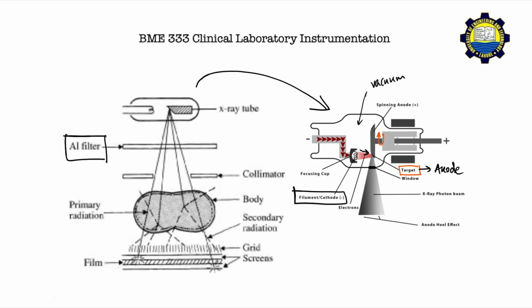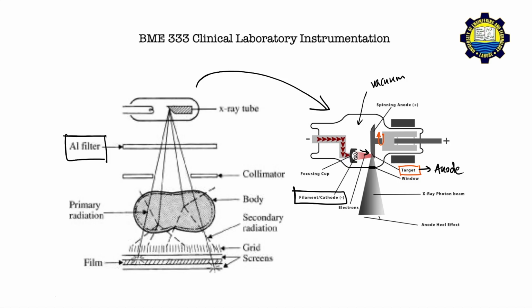The core purpose of this aluminum filter is that there's a range of energies of X-ray photons produced through this mechanism, and we're not interested in the low energy X-ray photons, because those low energy photons are not going to penetrate through the soft tissue. Remember, we want the soft tissue to be penetrated, and if there's not enough energy in those X-ray photons, they're not going to penetrate through the soft tissue.